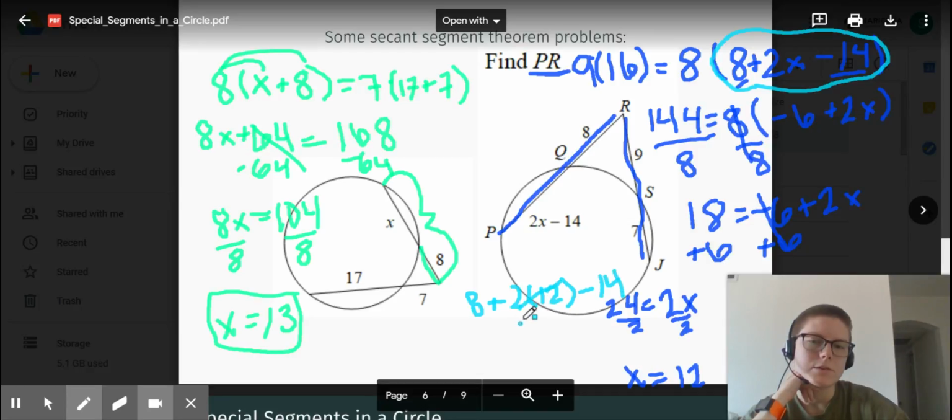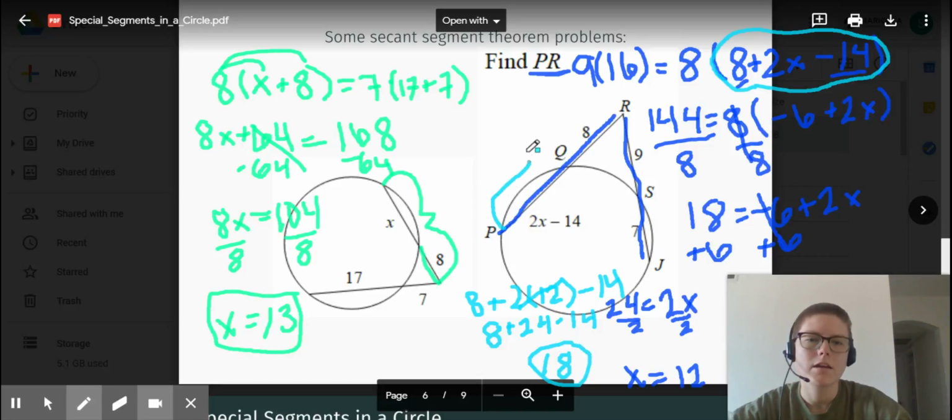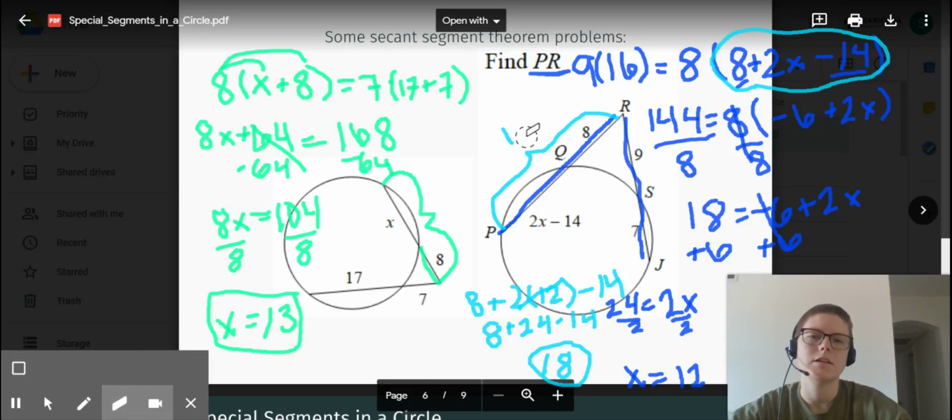We know this is 24. All right, and then I'm going to just go ahead and put that whole thing in the calculator all at once. Gives me 18 for that piece. So this whole guy is 18. Let me try the 8 again.